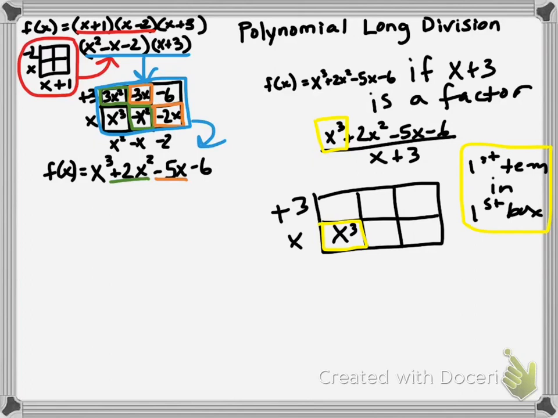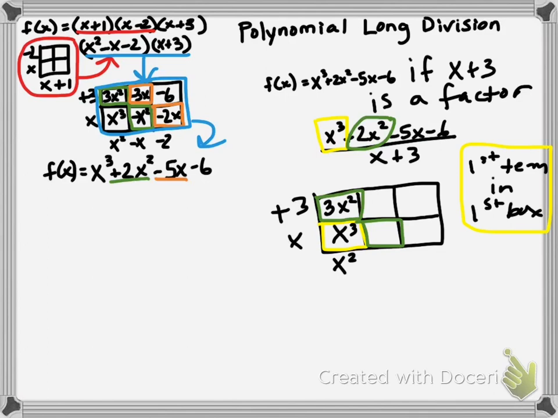With that x to the third there, this has to be x squared, because x squared times x is what gives us that x to the third. But now that I have that x squared there, this box up here has to be 3x squared. And here's where the cool part comes in. I know that this and this, from my experience, is what is going to create this number right here, 2x squared.